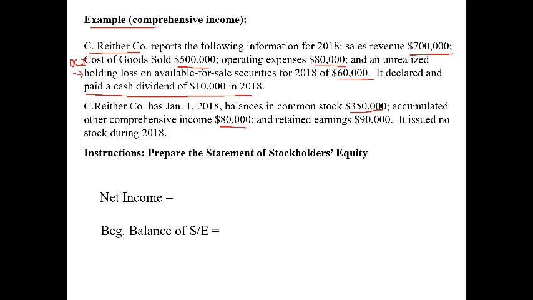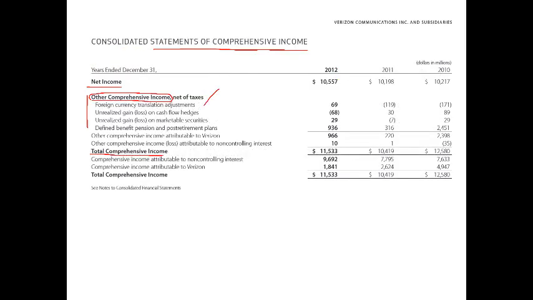Accumulated other comprehensive income. This hasn't come up yet, but when you have these other comprehensive income items, net income, as you know, clears to retained earnings. These things clear to accumulated OCI.